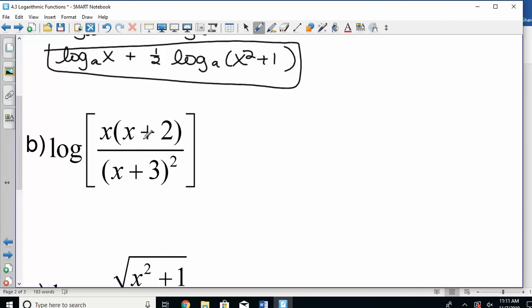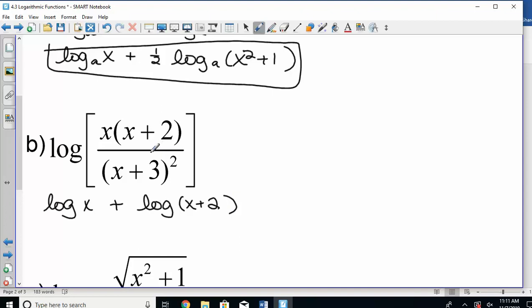On the top, I have two things multiplied, so each one gets a log. This one, I didn't have a base written on my log, so I'm just going to keep it that way. So it's log of x plus log of x plus 2.